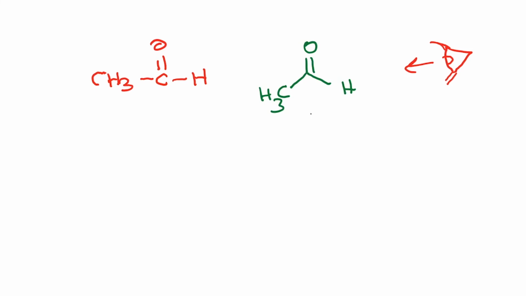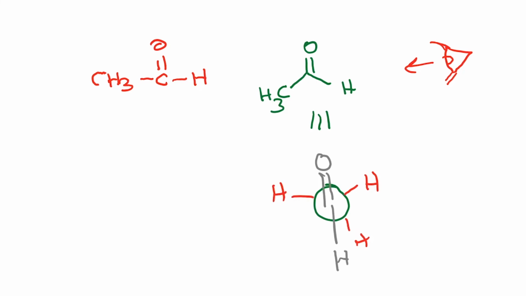If I draw this in the form of a Newman projection, looking from the side that I have drawn, the front carbon is C double bond O H, and the back carbon has CH3.